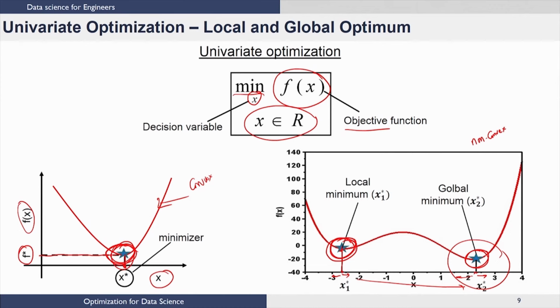I also want to point out why this becomes a challenge. This becomes a challenge because when you run a data science algorithm, depending on where you start the algorithm, you will get different solutions if the problems are non-convex.